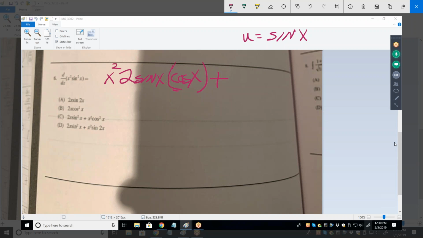Plus sine squared x times 2x. Now let's see if we can find an answer that matches that.